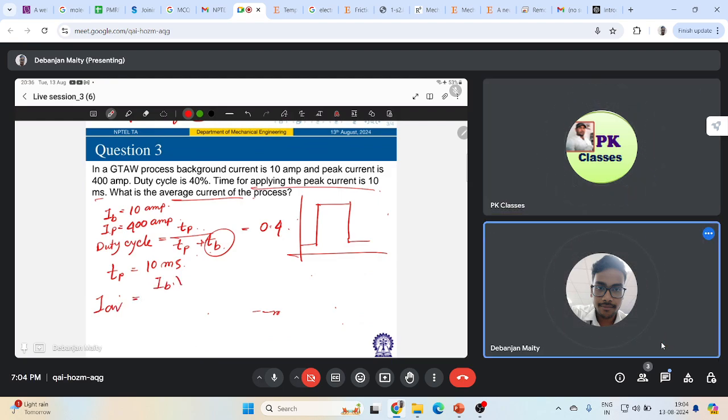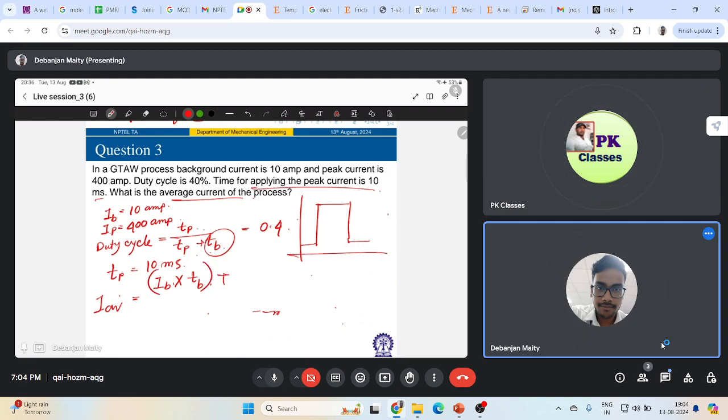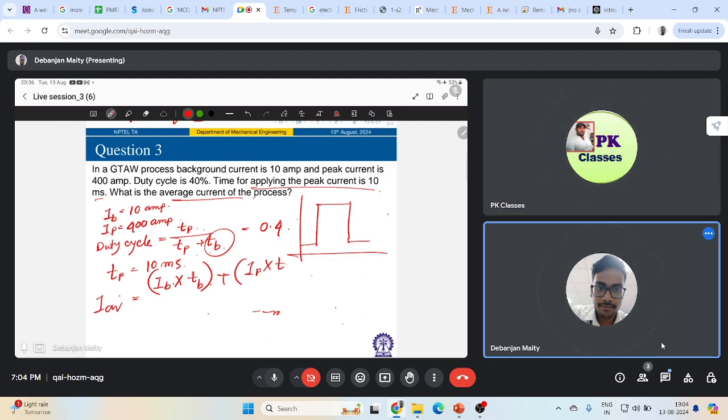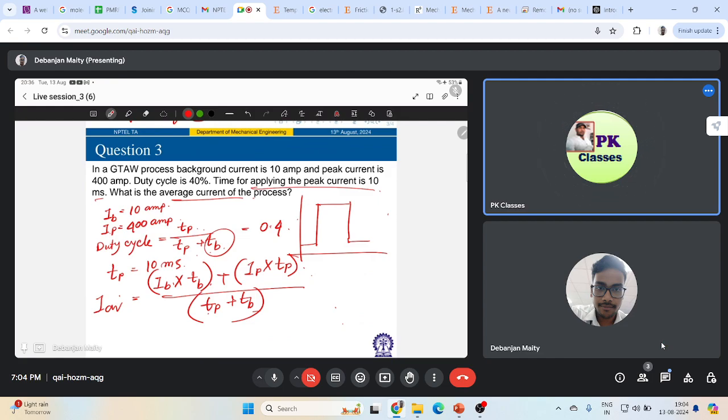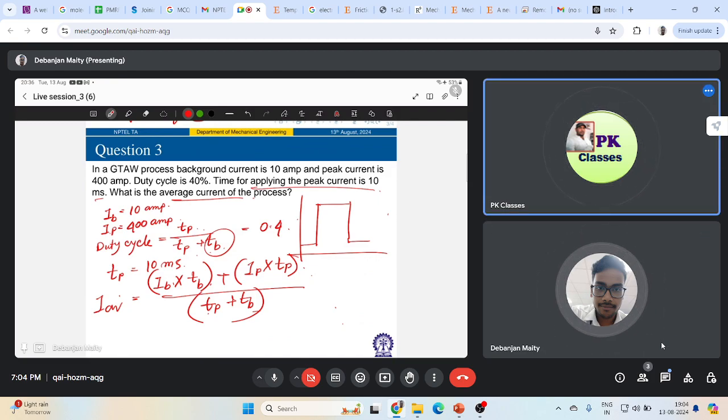It will be the energy for background plus energy for peak, divided by total time, TP plus TB. Now if all the equations are known, can you calculate and give me the answer?